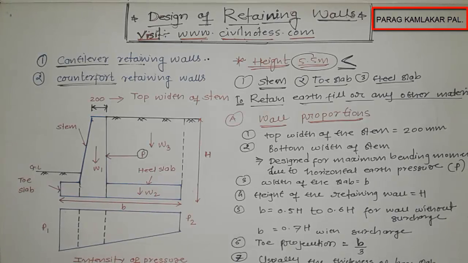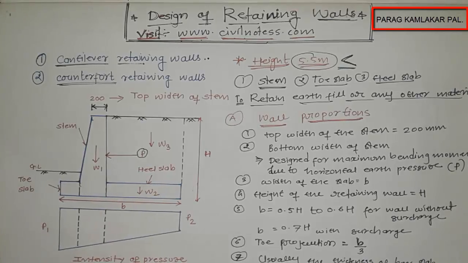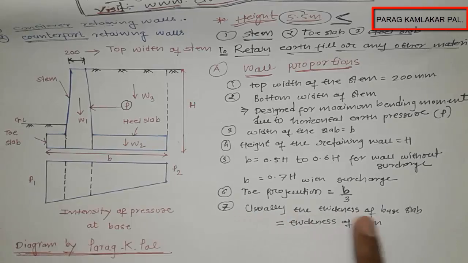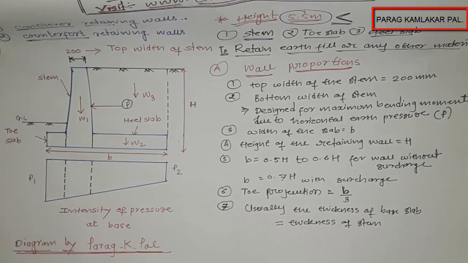So what is the heel slab, what is the toe slab, what are the checks for horizontal sliding, these things we need to learn over here. I just write that the thickness of the base slab equals the thickness of the stem.